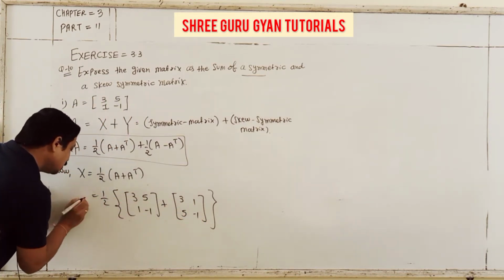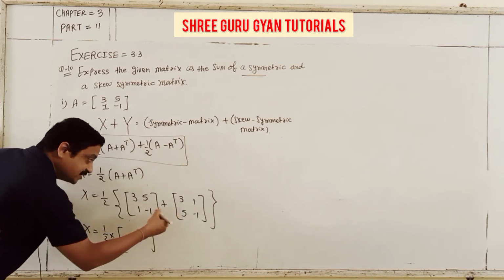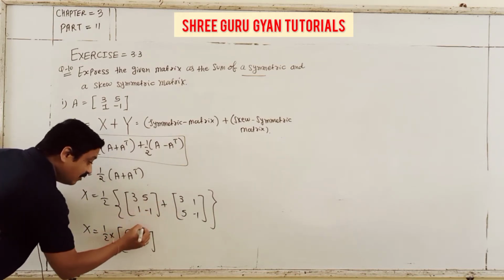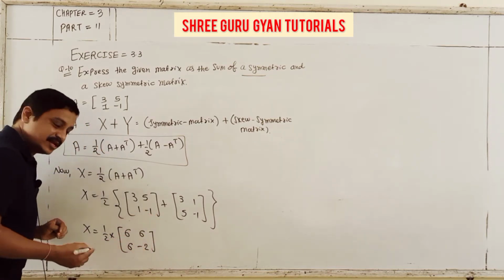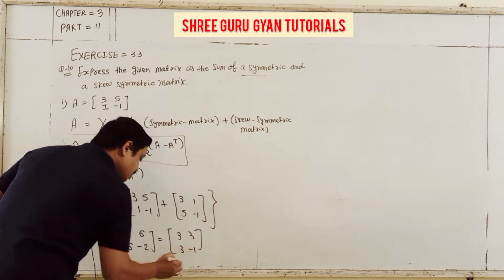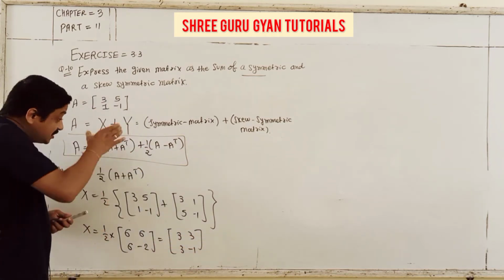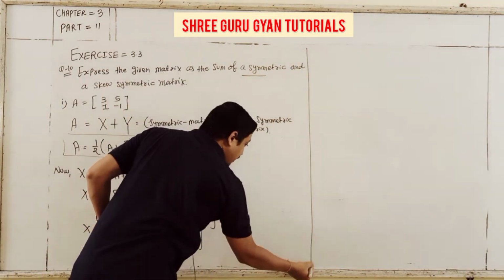So that is your X, and by the additions, 3 and 3 is 6, 5 and 6, 5 and 1 is 6, and minus 2 here. Just divide by 2. So here 3, 3, 3, minus 1. So this is your symmetric matrix, one part is done.